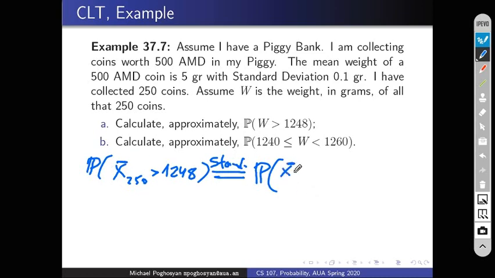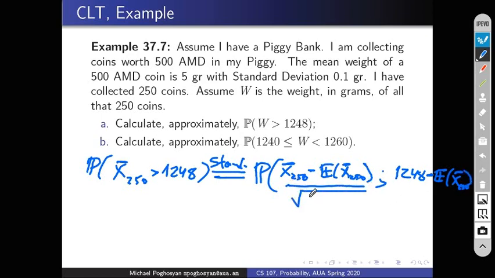So I need to subtract the mean, minus the expected value of that X250 bar. So I am doing the same here. I will complete this. I am keeping that unfinished yet. So the expected value of this over the square root of the variance of it.